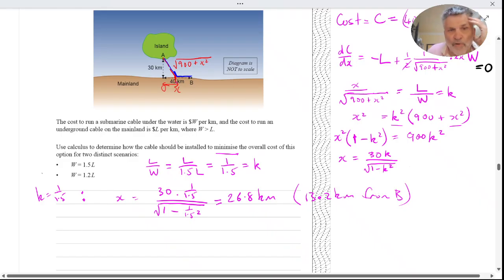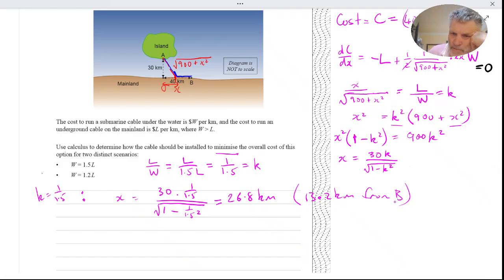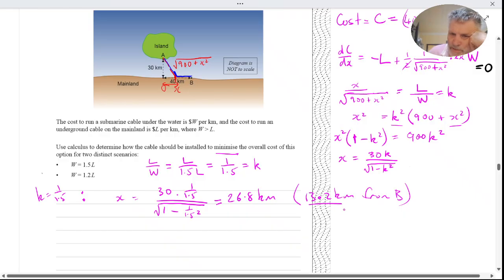And that's the point where we start going under the water. So 13.2 kilometers on land, and then across the water. The question asked us to use calculus to determine how the cable should be installed.